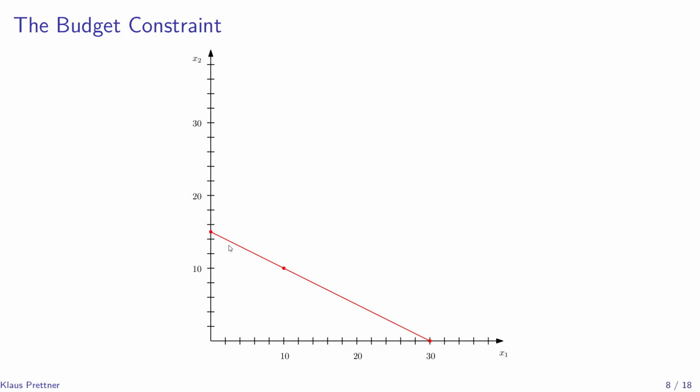Along this line, the budget constraint holds with equality, and all the consumption bundles drawn along this line are feasible with the given budget that we have. Also, all the points in the set below the budget constraint would be affordable, but these would be the points for which the budget constraint holds with a strict inequality.